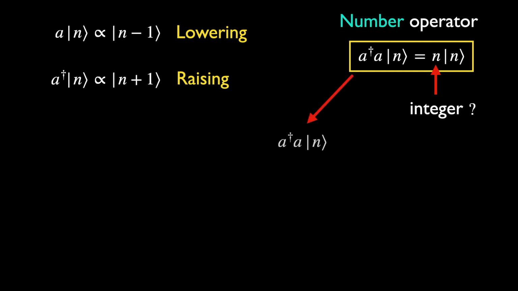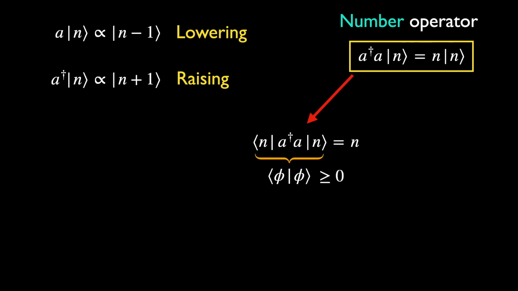Applying bra n from the left on both sides of this equation, and assuming that the states n to be normalized, writing A|n⟩ as some ket phi, we can write the left-hand side in the form of an inner product of the ket phi with itself. This has to be greater or equal to 0.